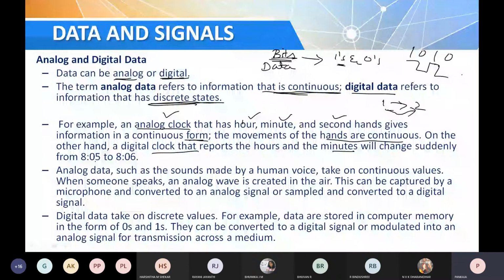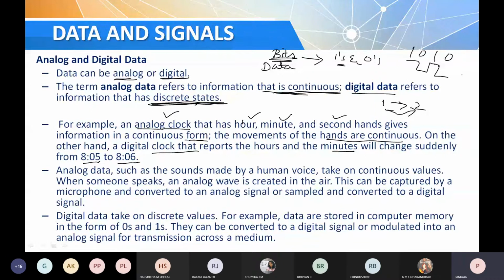You will not have any continuous data to reach here. Discrete, either 1 or 0. Here the number 5 is changed to 6. So there is a sudden change in the data. That is represented as a discrete state. This representation of information in a discrete state, we call it digital data.